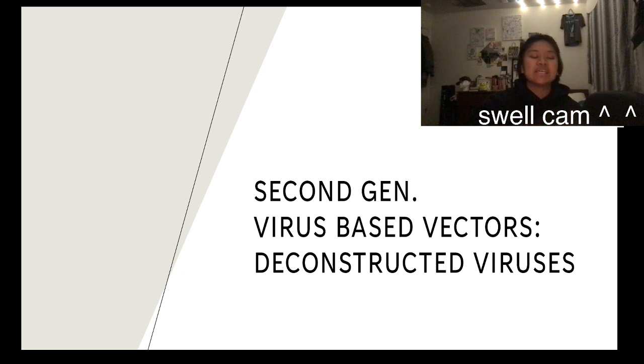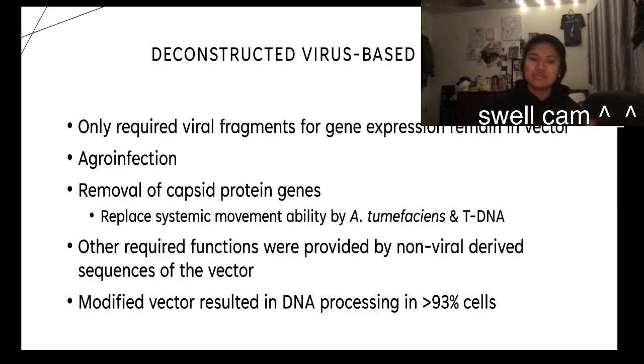But as science and technologies persisted, they continued to improve, and now we have the second generation of viral-based vectors, which is deconstructed viruses. So in this approach, only essential viral fragments are incorporated into the vector, and these viral fragments are essential for gene expression.